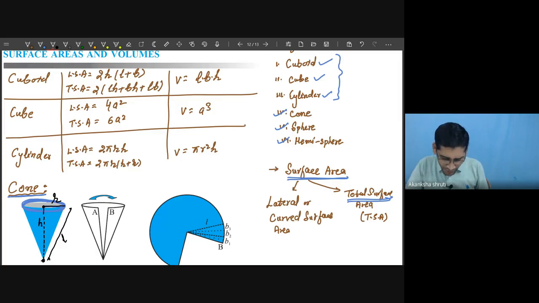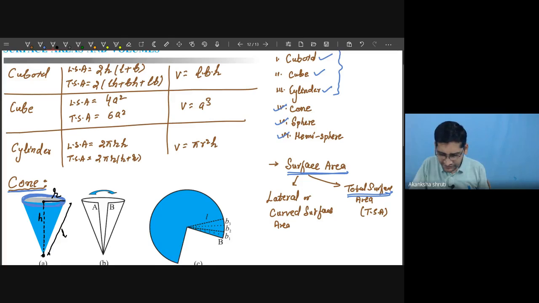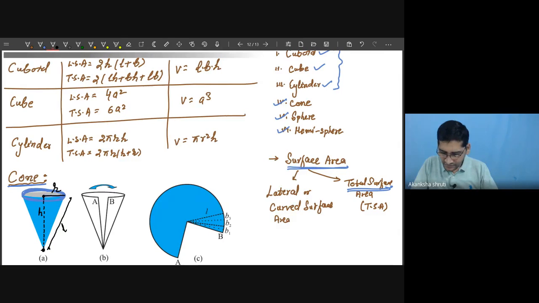Now if we open this cone by cutting it along the slant length with a straight line, then open it, you will get a part of a circle, not the complete circle.